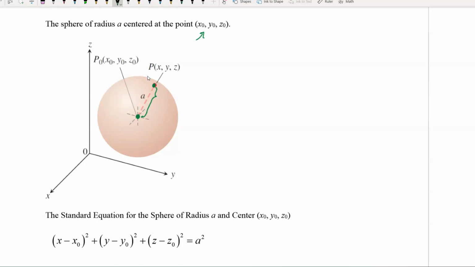So the standard equation for the sphere of radius a and center x0, y0, z0, this is our center, is in this form: x minus x0 squared plus y minus y0 squared plus z minus z0 squared equal to a squared.